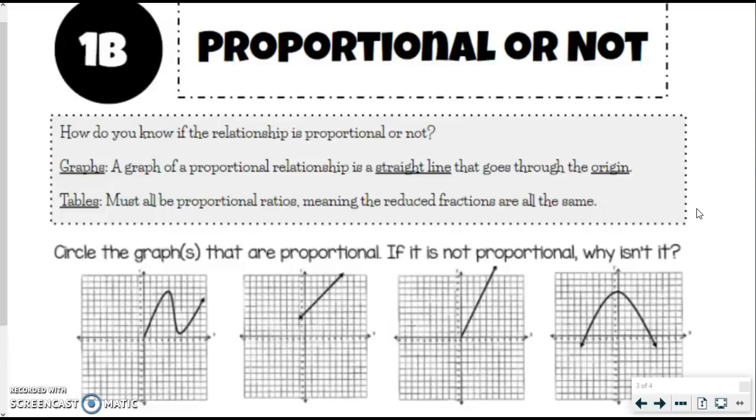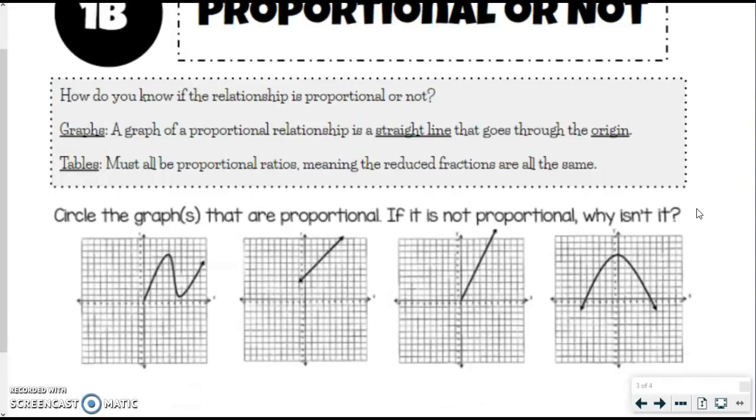The whole thing is a ratio, and if you treat it like a fraction, like we did with those unit rates in the last video, they will reduce down to the same fraction. I'll show you an example in a second. But in order for tables to be proportional, they must all be proportional ratios, meaning you can see the same comparison between the two numbers, and as you move through the table you could get to them somehow, which means the reduced fractions are all the same.